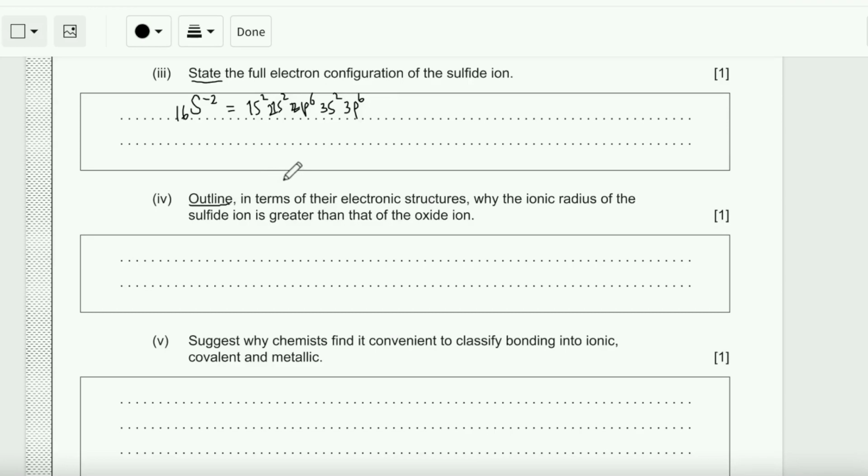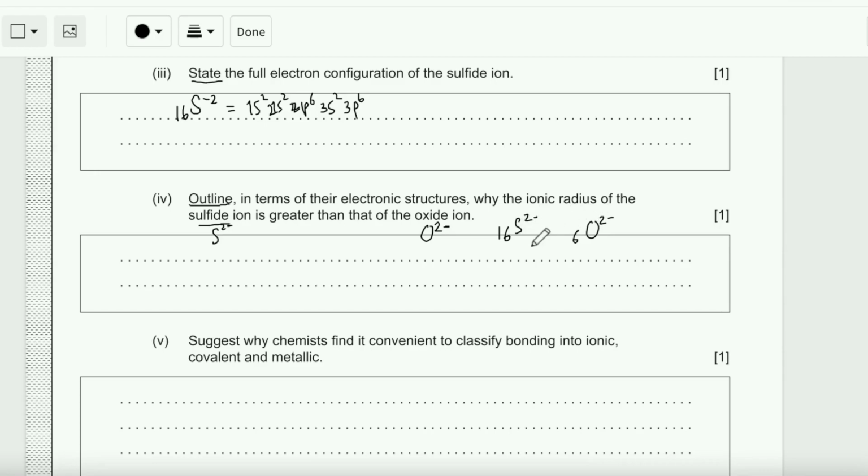Outline. In terms of their electronic structure, why is the ionic radius of the sulfide ion greater than that of the oxide ion? Outline: give a brief account or summary. Sulfide ion is S2-, oxide ion is O2-.